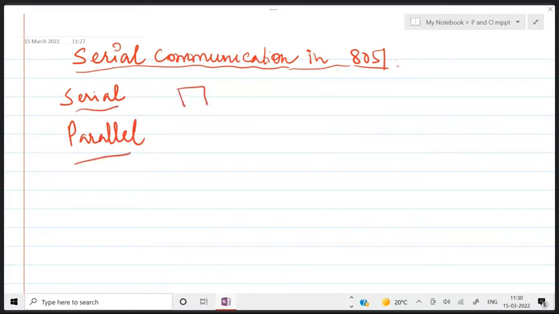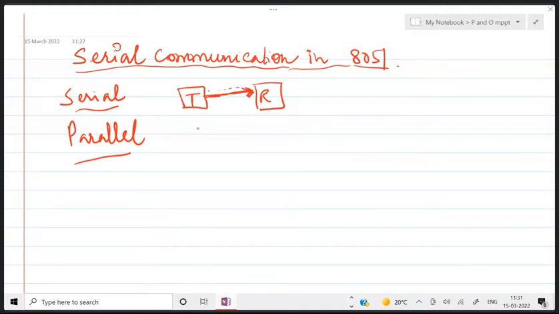In serial communication, there is a transmitter and a receiver, and the information is transmitted using one channel. There is only one channel between transmitter and receiver that is utilized in transmitting the information.